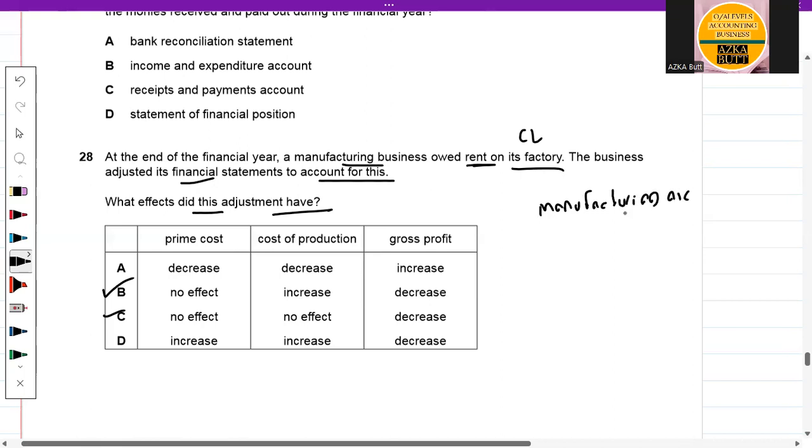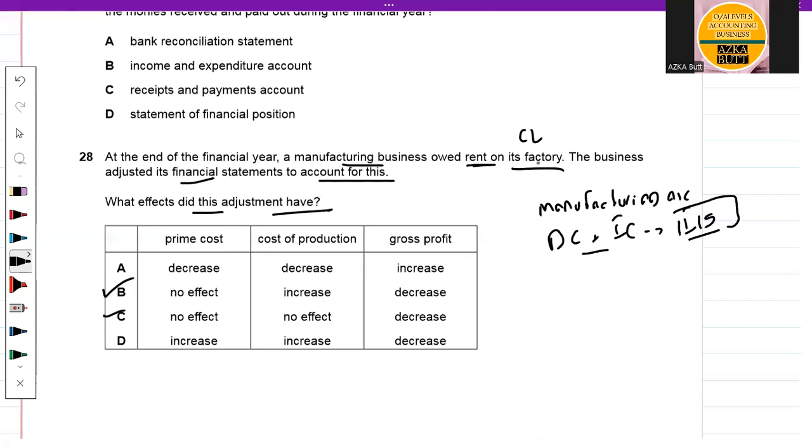In the manufacturing account you see the material cost, all the direct costs plus all indirect costs. You add these, and after that you record this in the income statement, in the trading section, where you write the total cost of production. Rent on factory is part of indirect cost, so it is also part of cost of production. So it would increase.